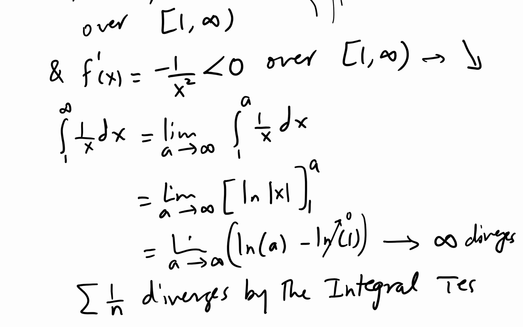A lot of students don't like this test because there's a lot of work involved, including checking continuity, checking it's decreasing, and then if these two conditions are met, you have to do the integral as well, which is a lot of work.